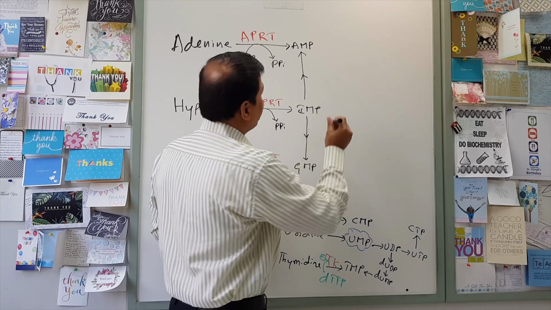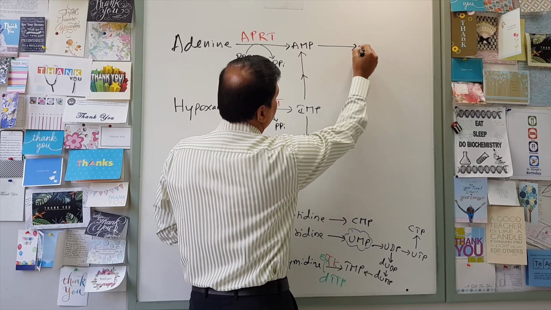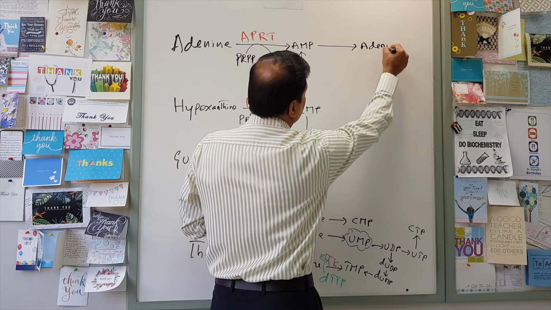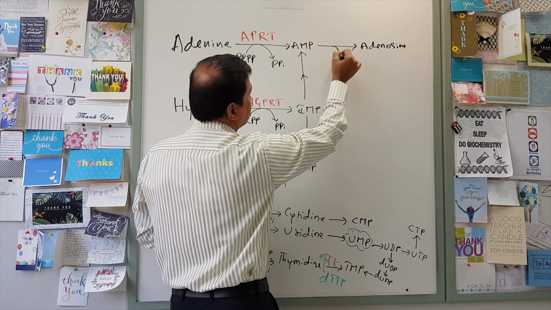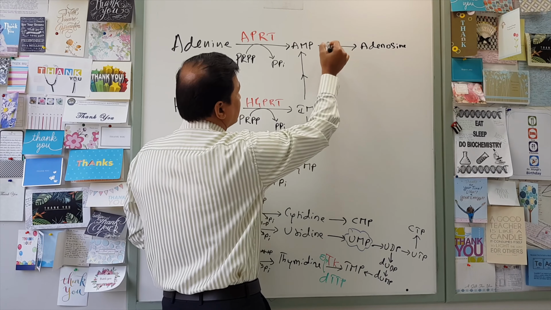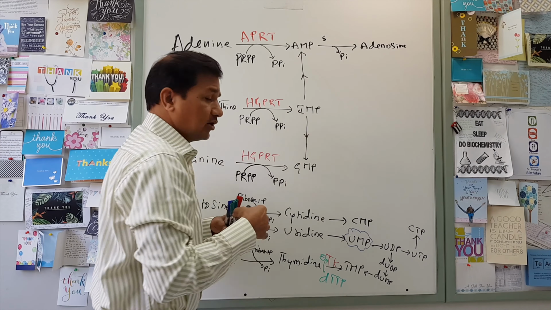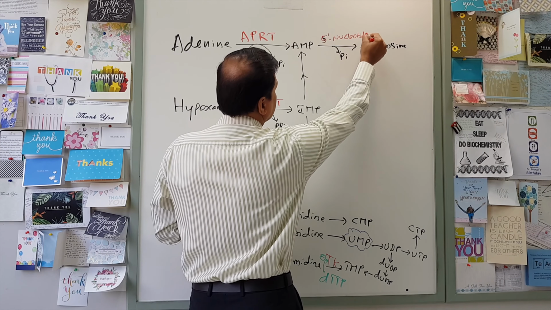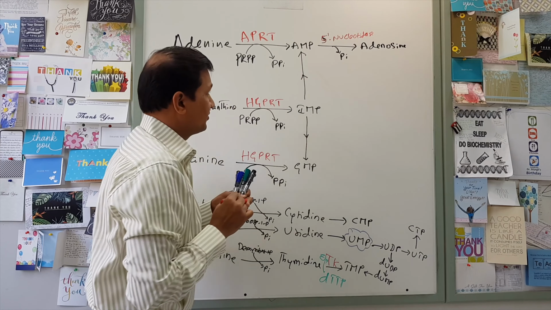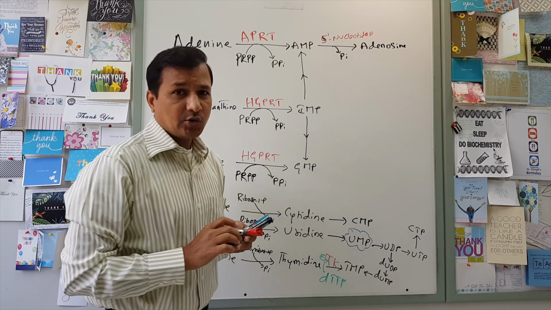Adenosine monophosphate is converted into adenosine by releasing inorganic phosphate, and the job is done by the 5' nucleotidase enzyme. The 5' nucleotidase releases inorganic phosphate from AMP and converts it into adenosine.